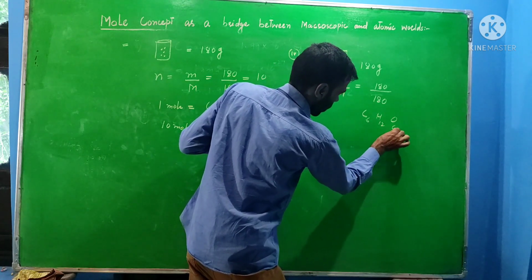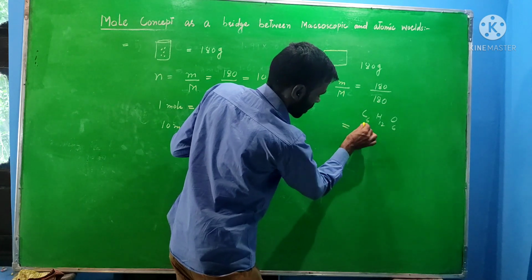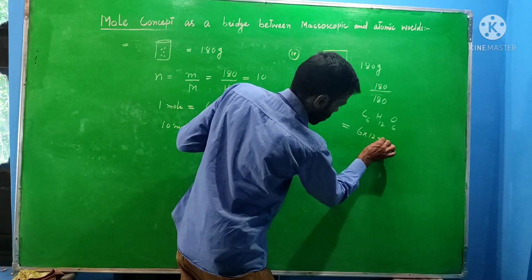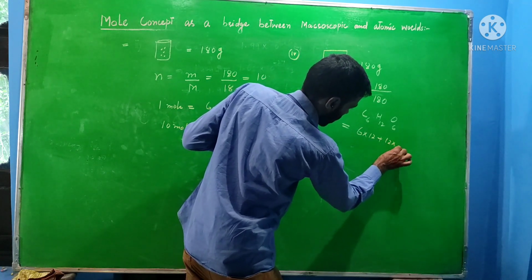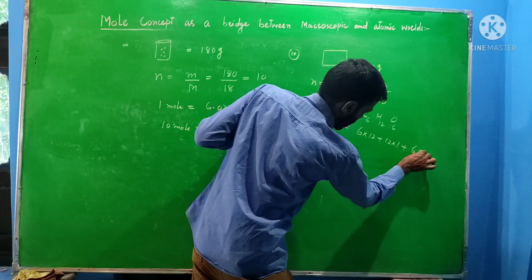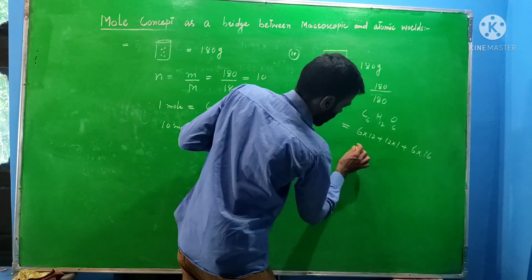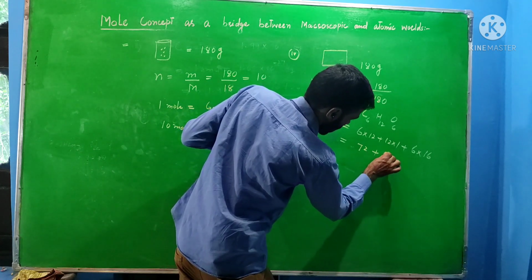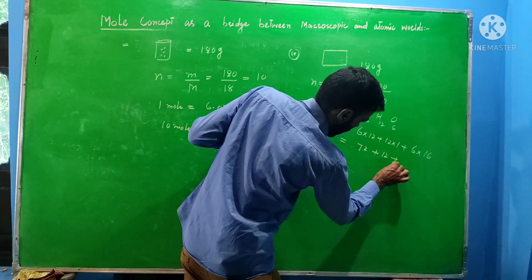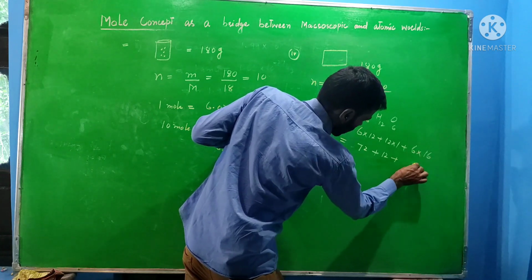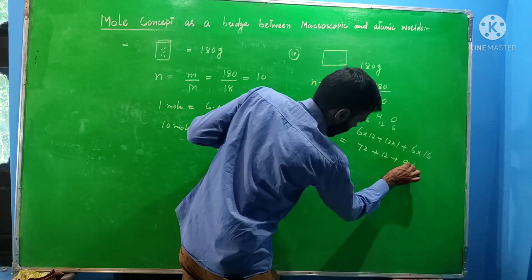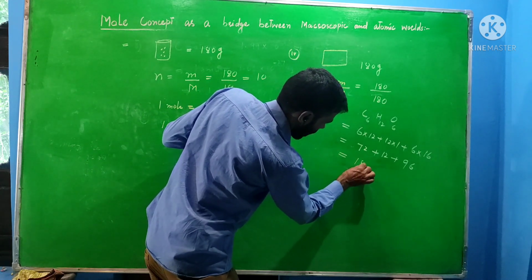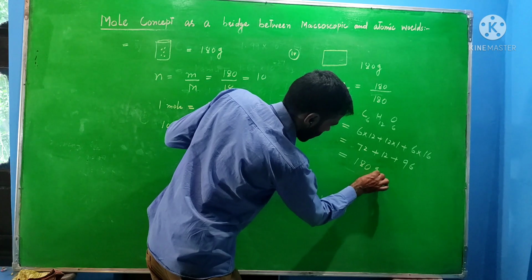C6H12O6. We can calculate its molar mass just like this: 6 into 12 plus 12 into 1, after that plus 6 into 16. This is equal to 72 plus 12, and 6 sixteens are 96, and this is equal to 180 gram.